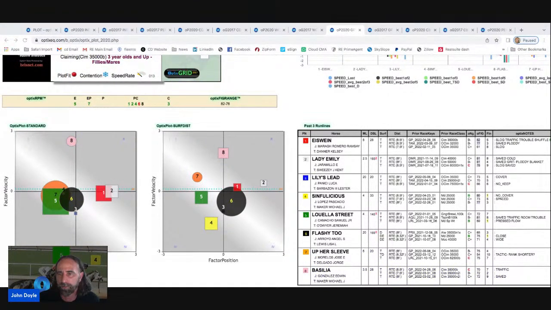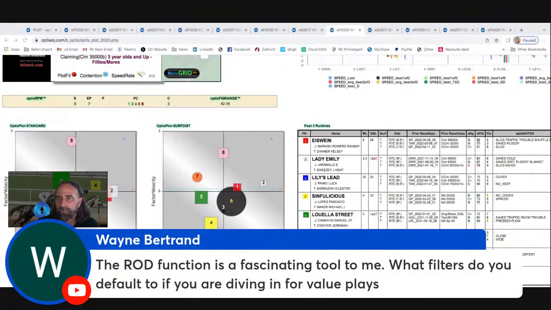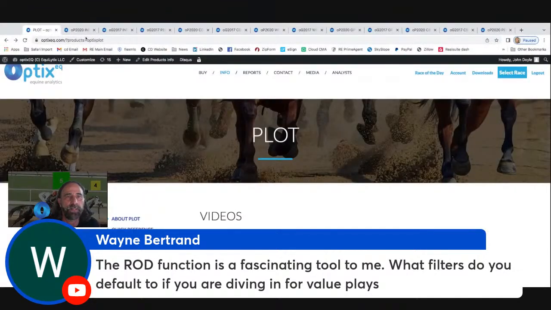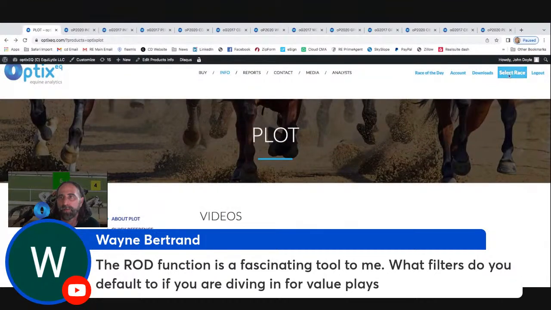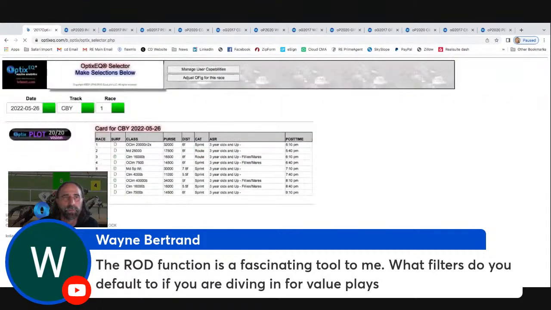Someone said that the ROD function is a tool. What filters do you default to if you're handicapping? Oh yeah, that's a good thing. Let's go to it. I think it's the best way to look at it. So what he's talking about is when you go in, you need to have a notes subscription.